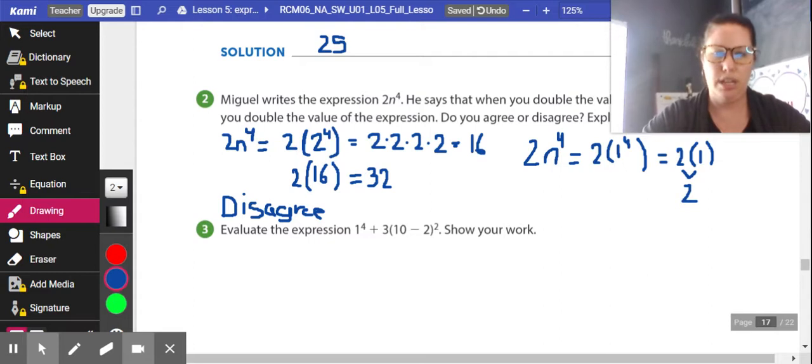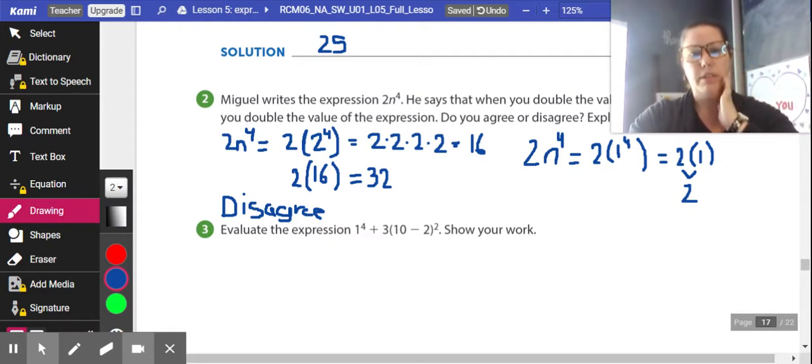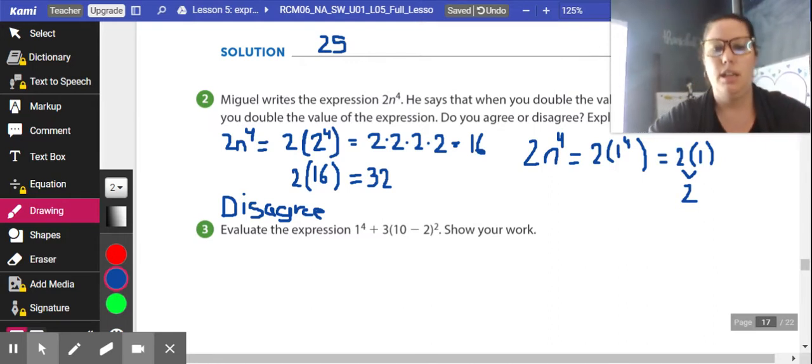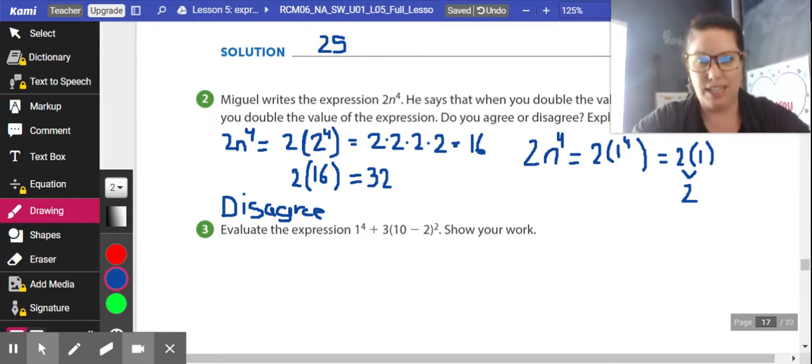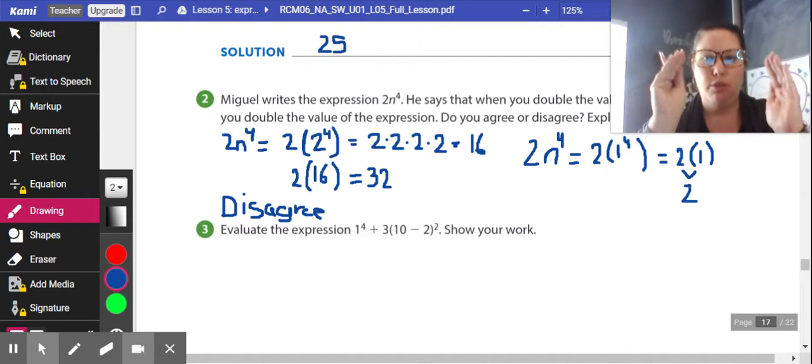Okay, number 3. Evaluate the expression 1 to the 4th power plus 3 times the quantity of 10 minus 2 squared. When I said times the quantity, that is a clue for me that it's in parentheses.